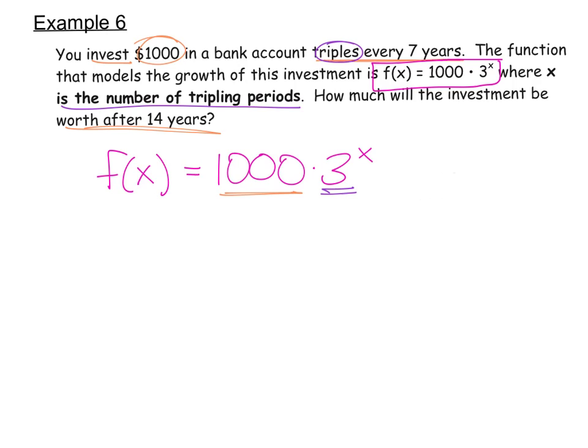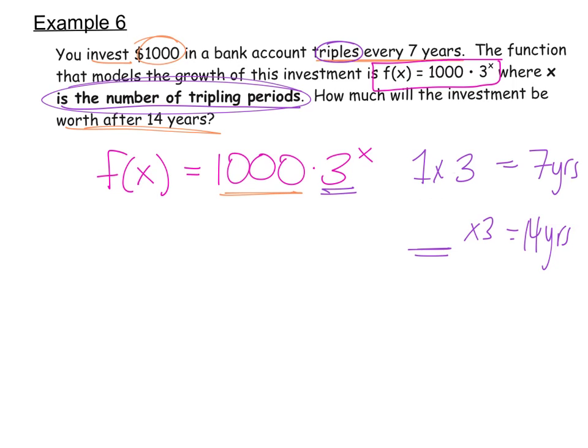So it triples every 7 years. And that's one tripling period. So 14 years is how many tripling periods, because x is tripling periods. Well, 7 times 2 is 14. So it's actually 2 tripling periods.